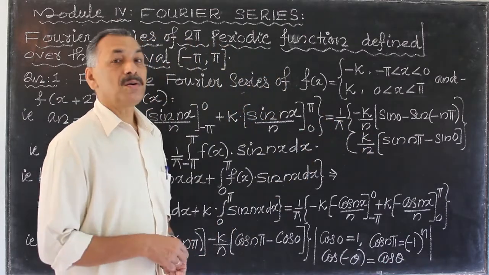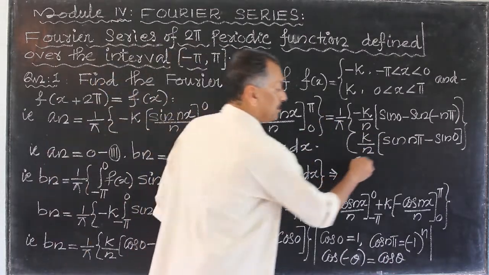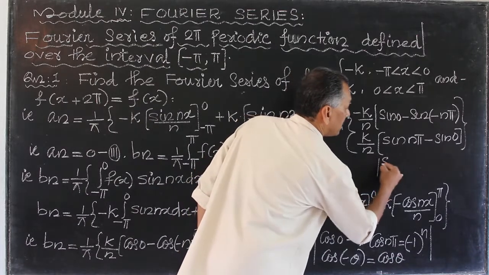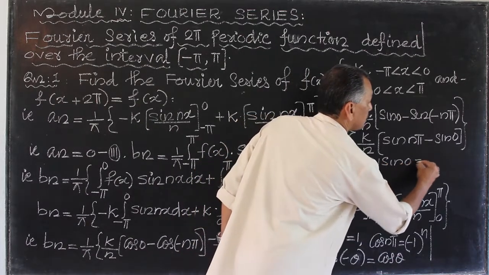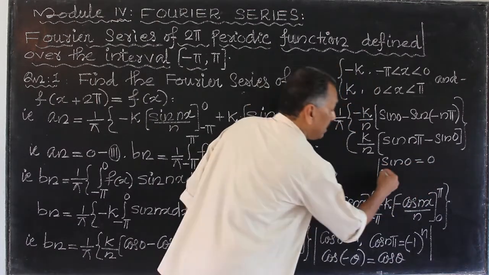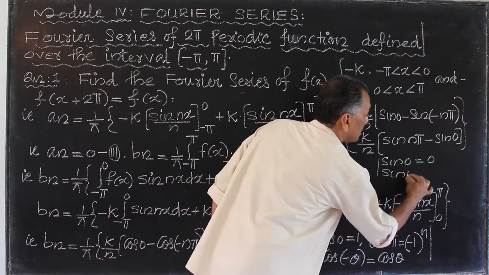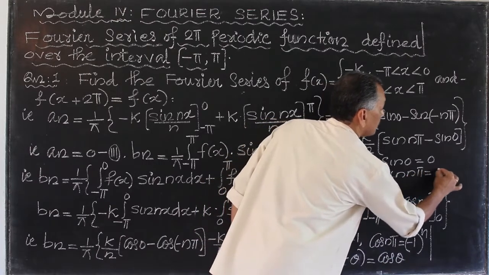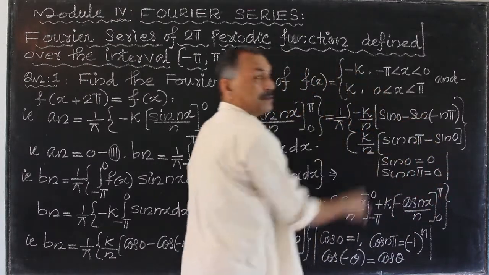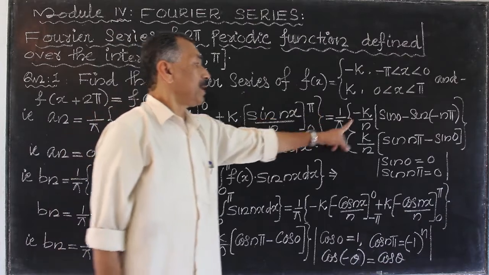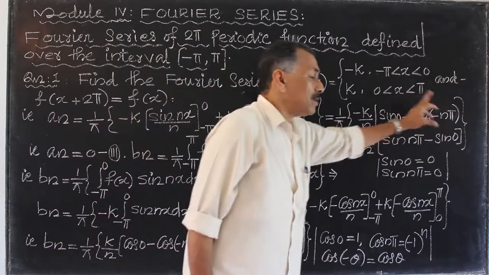What is sin 0? Sin 0 is equal to 0. And what is sin n pi? Sin n pi is also equal to 0. That is 1 by pi into minus k by n, it is 0.